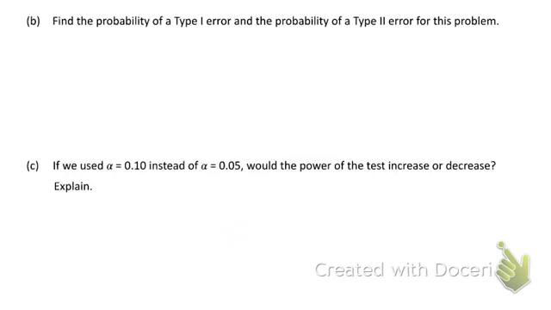All right, what is the probability of a type 1 and type 2 error? Y'all can find this. You can do this. It's easy. You don't need a calculator for this.